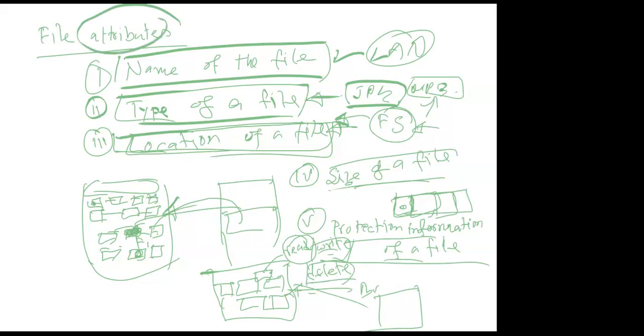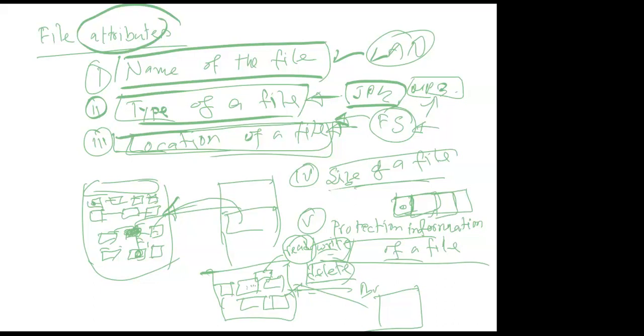Same thing if you share some file over a local area network with your friends and family. You can also set the protections so that they can read, or read and write, they can edit. This is the protection information of a file.